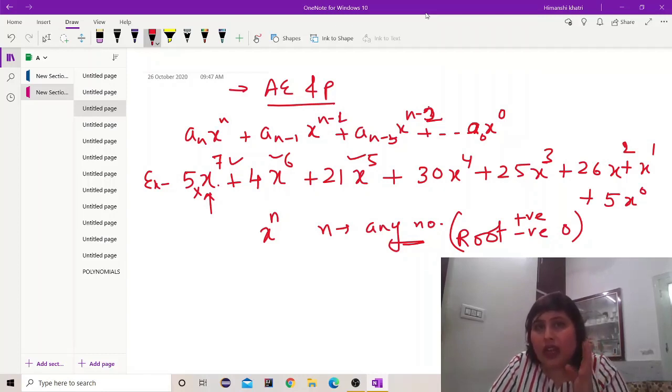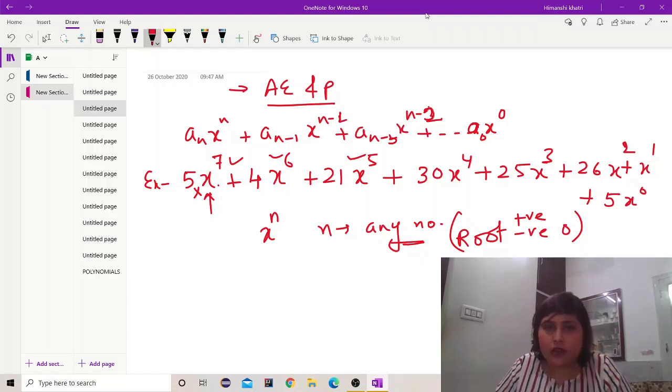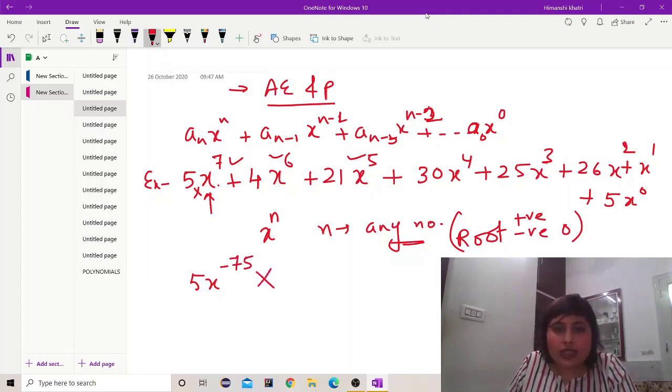We cannot use negative powers, we cannot use fractional values, we cannot use root values. We can just use 0 and natural numbers for the power of the variables. Okay, now see here, suppose I write 5x to the power minus 75. So this is not a polynomial, it is just an algebraic expression.